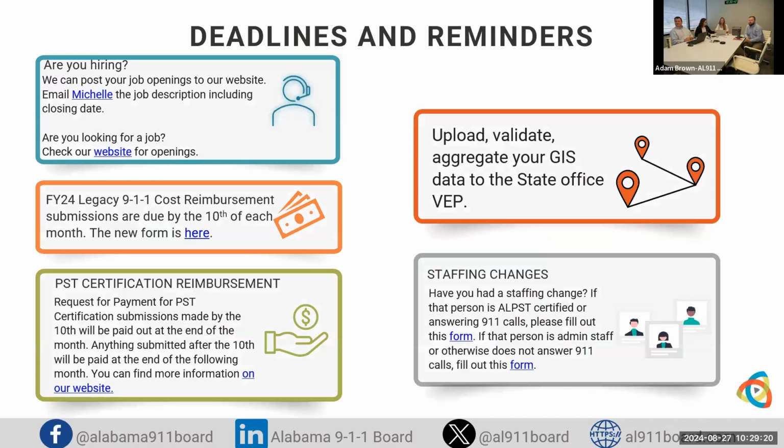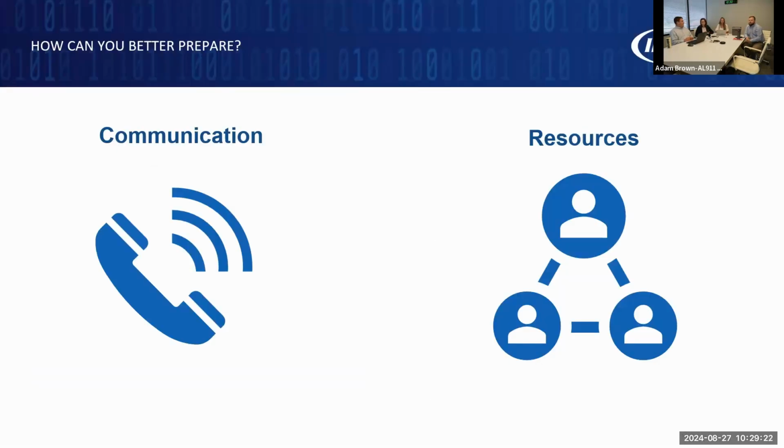Before we get to deadlines and reminders, we're going to go ahead and switch to questions at this point. And as Anderson said, Adam's off camera and doesn't have a mic, but he's very dependable and has sent me at least one of the questions.